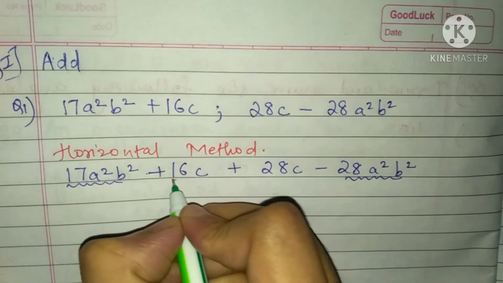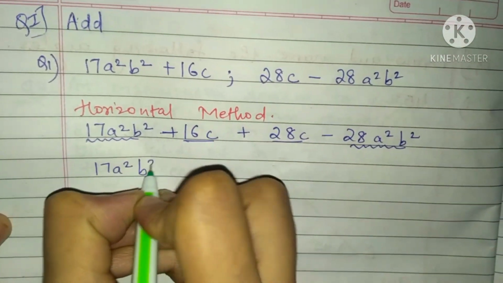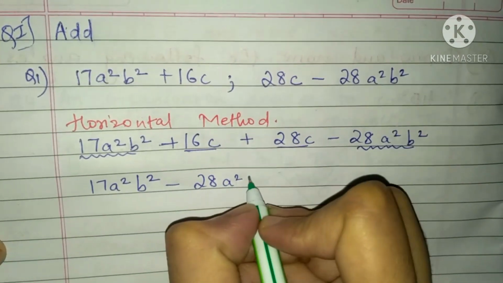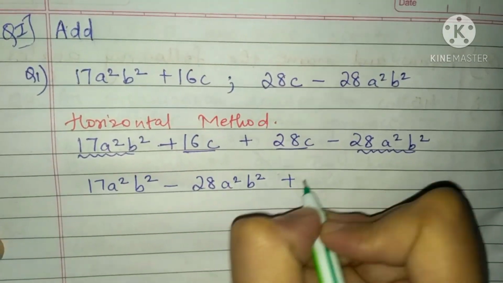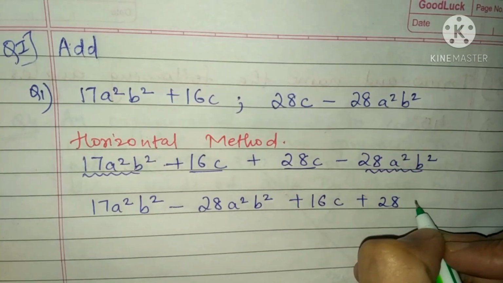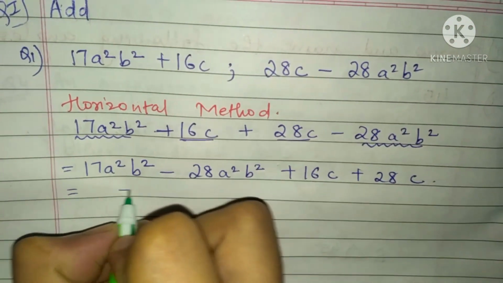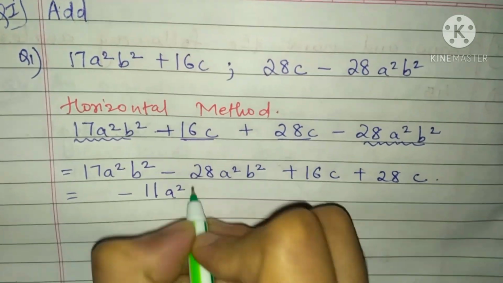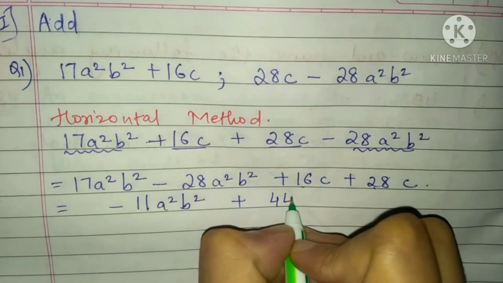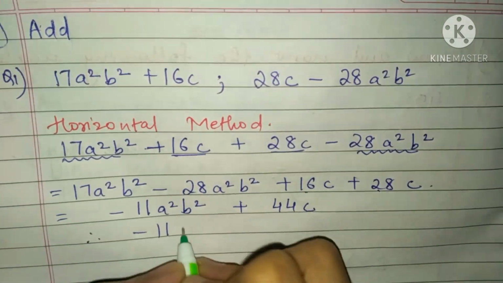17a square b square minus 28a square b square plus 16c plus 28c. So we will take like terms together, and after that we will add them. Now 17 plus minus 28, what is it? Minus. 28 minus 17 is how much? 11 a square b square, and the bigger number is 28, so 11 will get the minus sign.